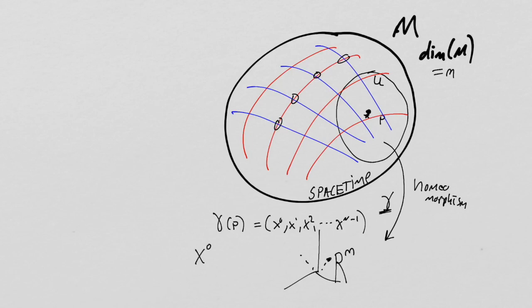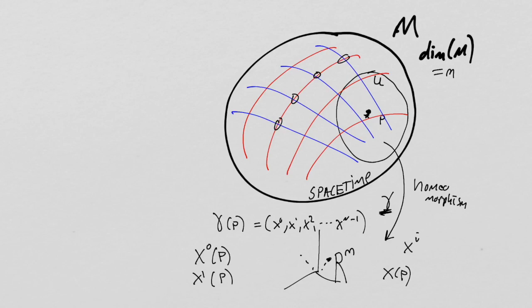I could say x0 of P, and that's the x0th coordinate of the point P. I could say x1 of P, and that's the first coordinate of point P. So if I'm going to label my coordinates as xi, I can call gamma just x of P, and that's a perfectly fine way of doing it.